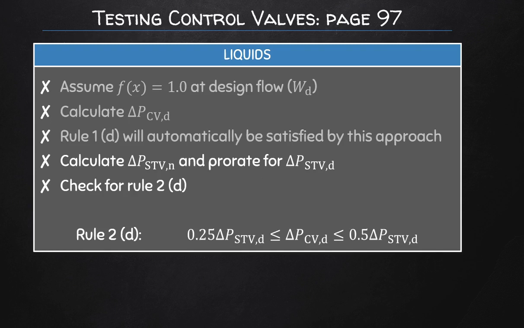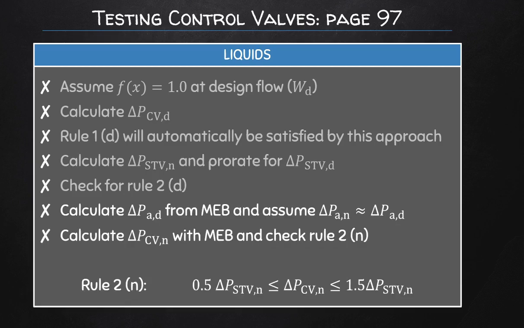Next, we determine the subtotal variable pressure drops at the normal flow rate, and then we can prorate for these at the design flow rate. Then we can just check the rule 2D is satisfied, and then calculate the pressure delivered for the fluid mover using the mechanical energy balance, and just assume for now that the design and normal pressures that are being delivered by the fluid mover are more or less going to be the same.